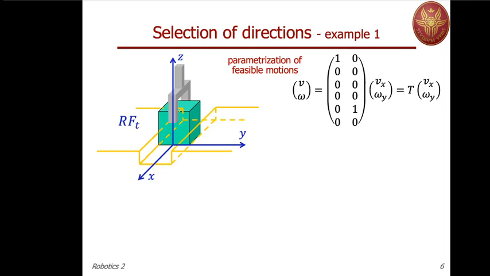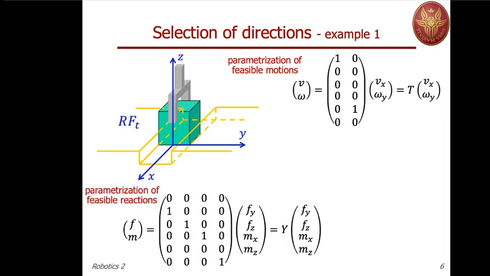So you can see that these two columns can be organized in a matrix. Let's call this matrix T. This matrix has always 6 rows and k columns, which are the number of free directions that we are considering. So we can parameterize any 6-dimensional vector by the product of T times the two scalars vx and omega y.